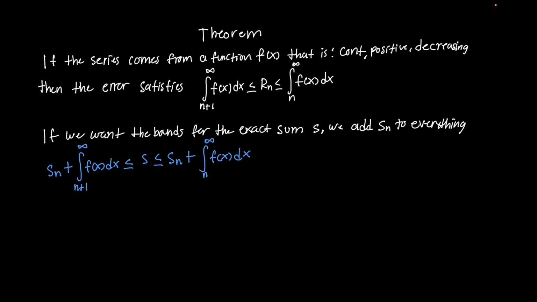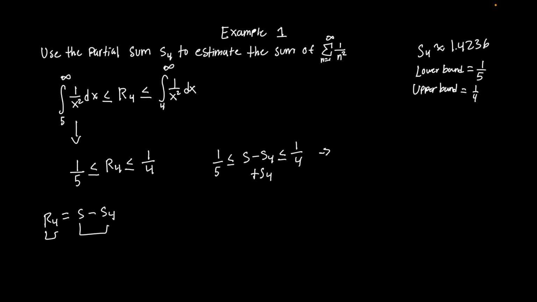This one right here in blue, that's where you got the partial sum plus, because you just replaced the fourth remainder with the definition, the actual sum minus the partial sum. So that's where that formula comes from. It's literally just adding the partial sum to both sides. Hopefully that gets rid of some confusion.